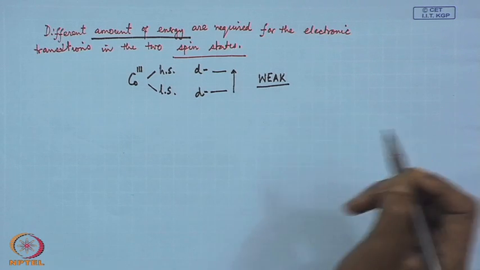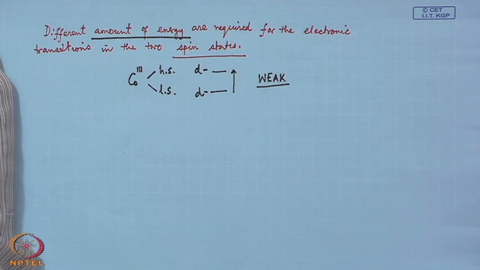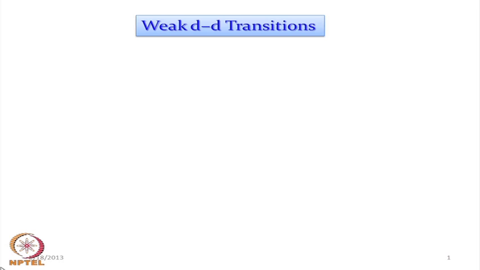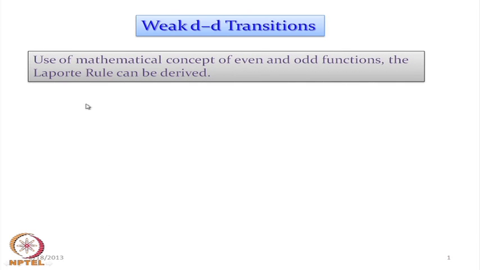So, whenever we find any weak dd transitions in metal complexes, how we can utilize them for characterization we will see. So, we will have weak dd transitions. We will be using some mathematical concept of even and odd functions. These functionalities are related to the type of the d orbitals, whether it is dxy orbital or dx square minus y square orbital.